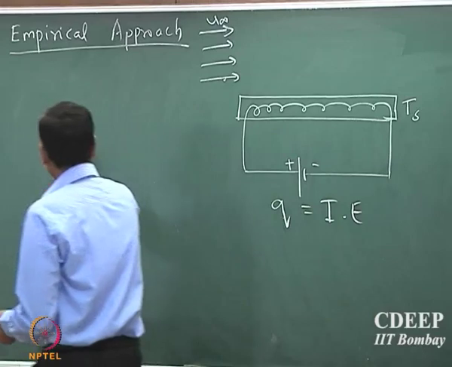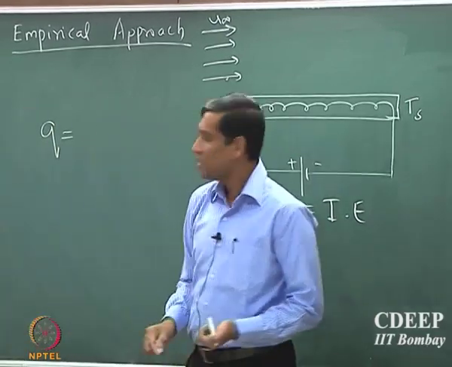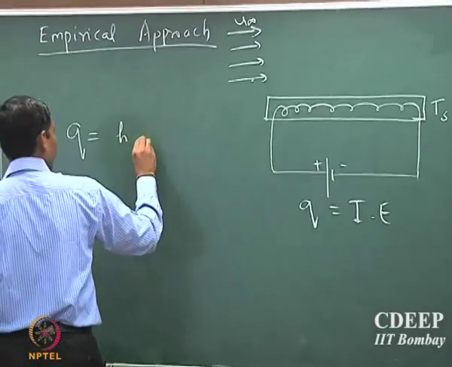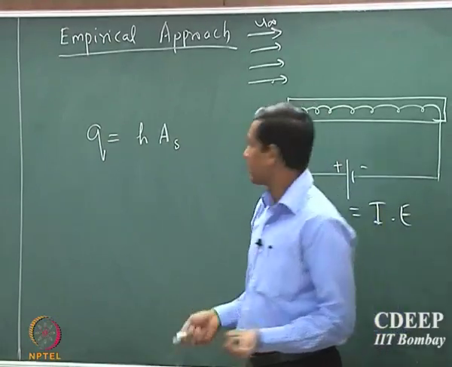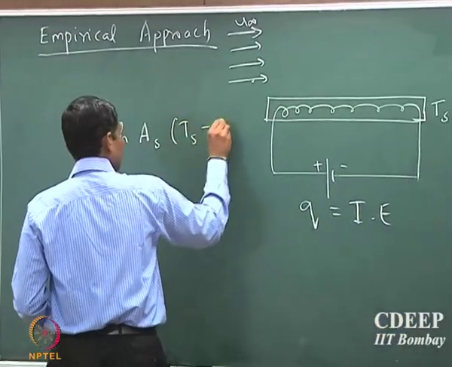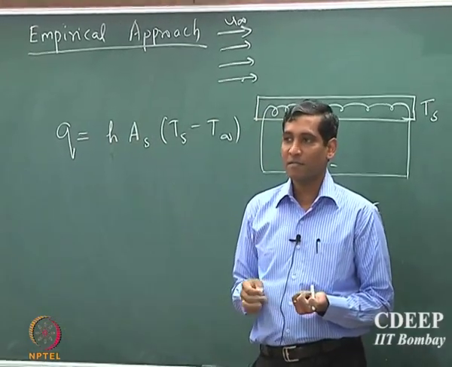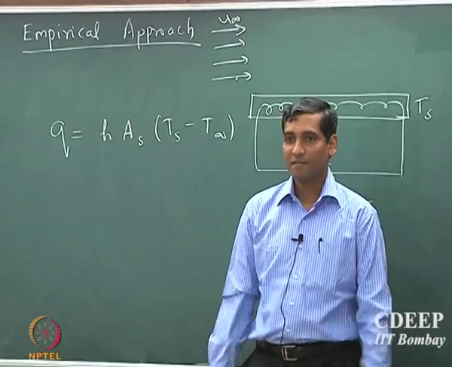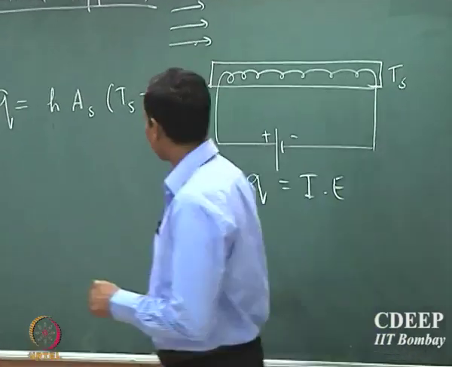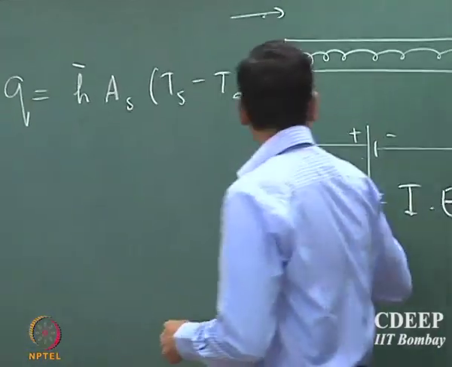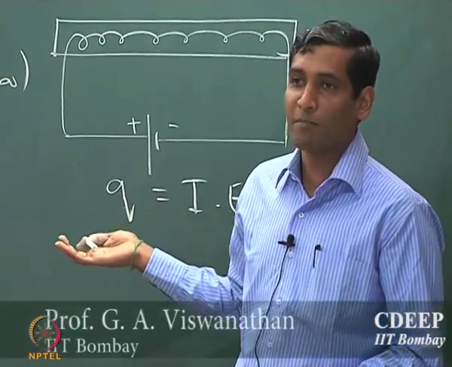So, therefore, the amount of heat that is transferred from the plate to the fluid at steady state is given by H into whatever is the surface area of heat transport multiplied by the temperature gradient. So, should this H be average or local? Yeah, it should be average, because the amount of heat that you are supplying here is the total amount of heat that is supplied to the plate.